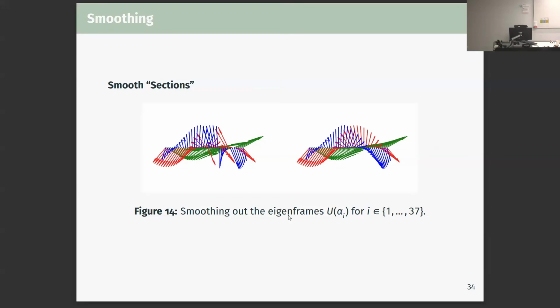This shows that for each of these 37 points, each eigenvector has its own color: first, second, third. You need to do a smoothing step so that your 24 versions times 37 sections are smooth as you go from each. So yeah, there's a bit of extra work for you to do there.